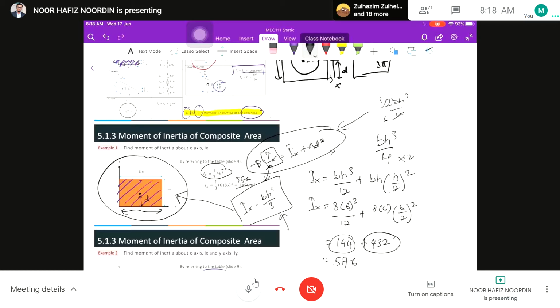So basically, if you use the formula Ix equal to I bar X plus AD squared, you will get the same answer as Ix equal to BH power of 3 divided by 3. Right?